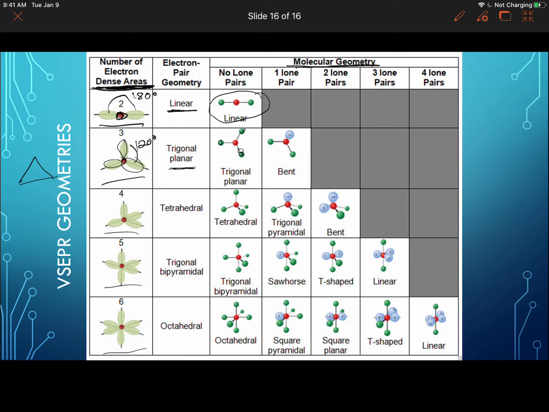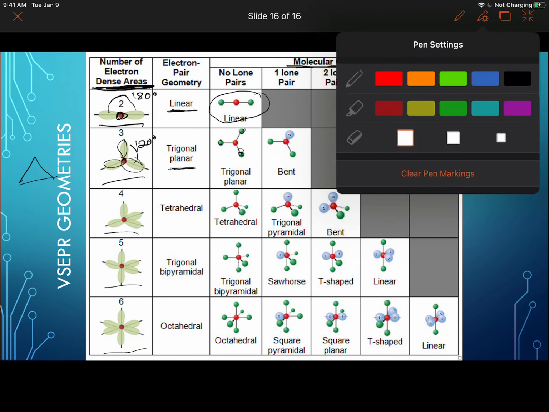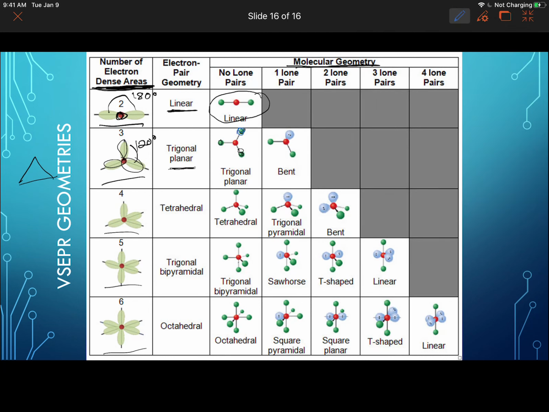But with trigonal planar, if we take one of these atoms and replace it with an electron pair, we are going to change the way that the atoms look. So in our initial structure, our atoms looked like a triangle in a plane.